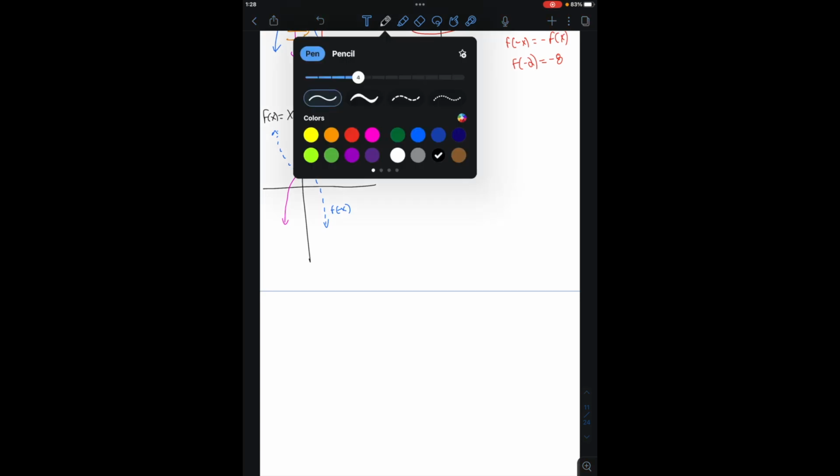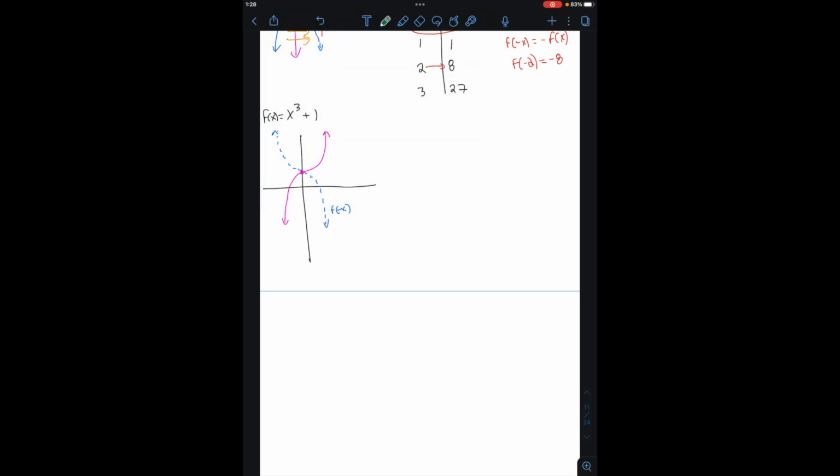But then if I were to reflect instead over the x-axis, well, I would end up here, something like this. And so that's negative f of x. And you'll notice that those are not equal. F of negative x does not equal negative f of x. So this would not be odd. So we can't just shift around up and down in the way we could with even functions.